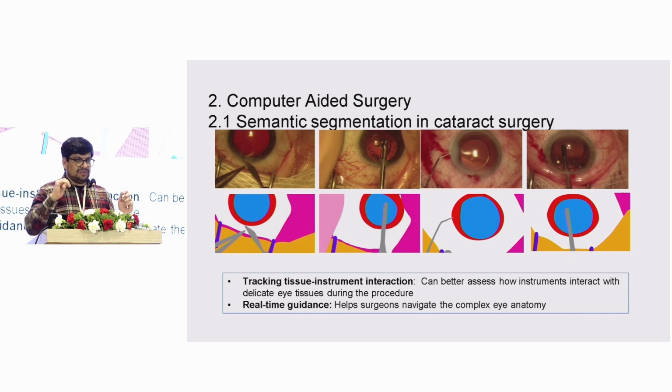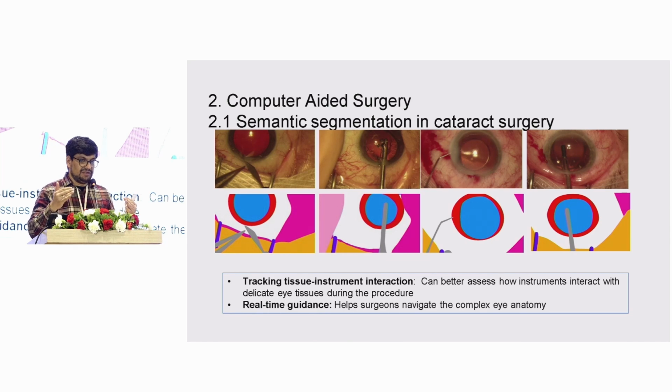Another case is computer-aided surgery. These are images from cataract surgery. There are instruments as well as different kinds of tissues. What this semantic segmentation is doing is separating out, with a demarcation between, the different tissues and the instrument used.